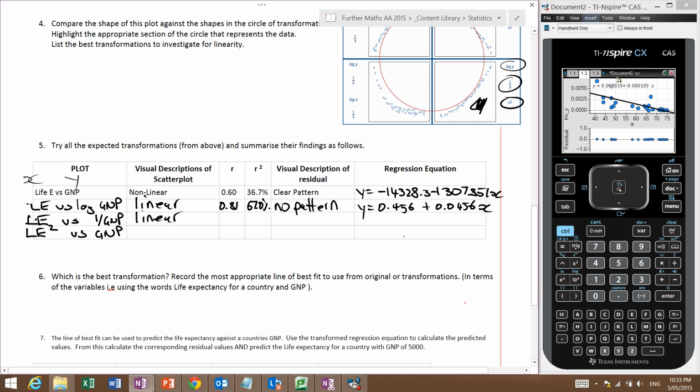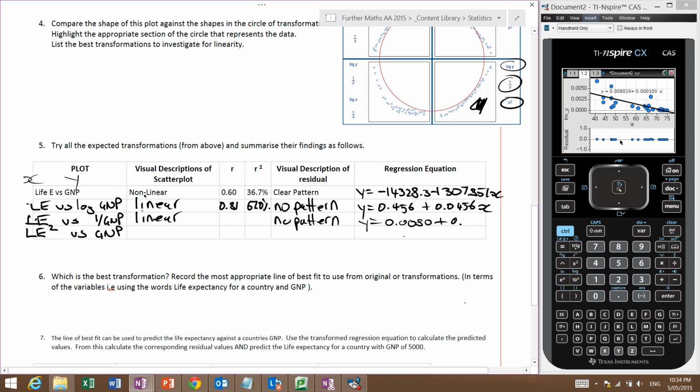Residual, there's no pattern. My regression equation is y equals, I'm going to move it so I can read it better, 0.0080 plus, no, it's minus, sorry.